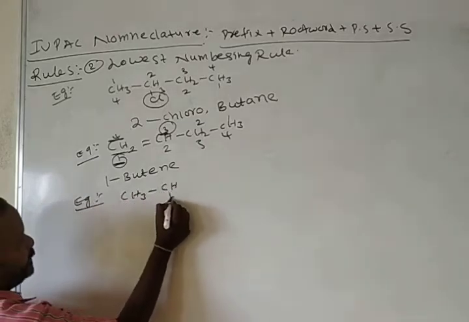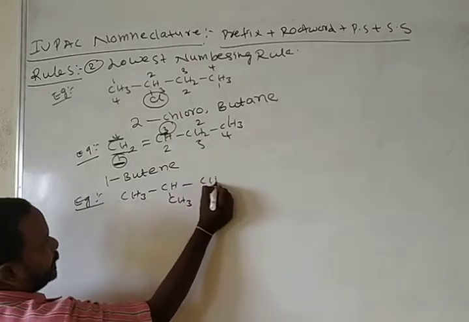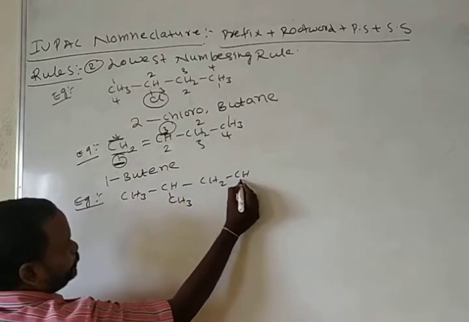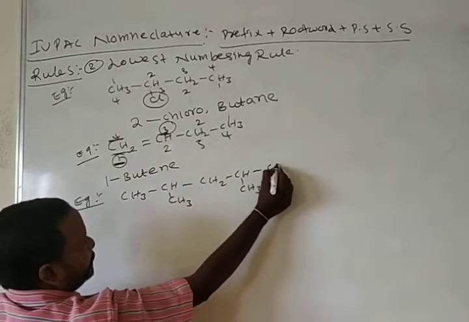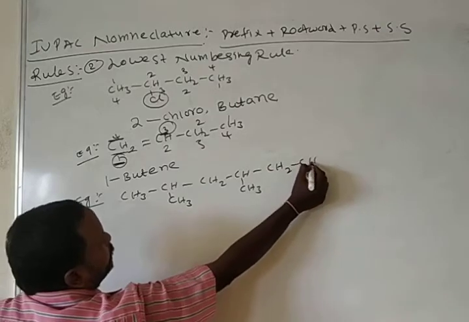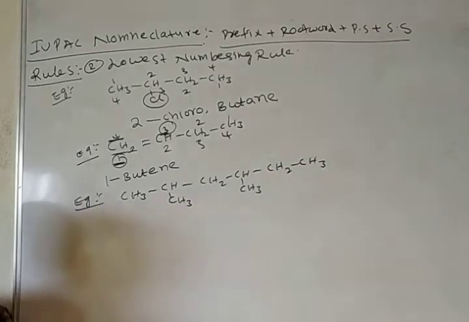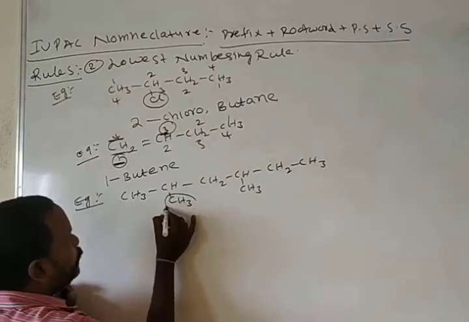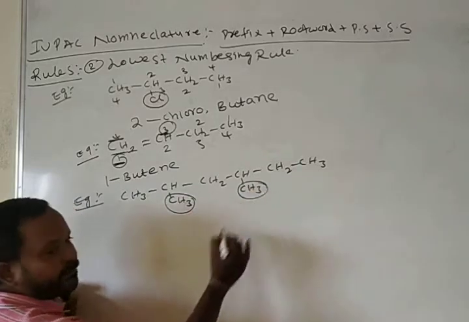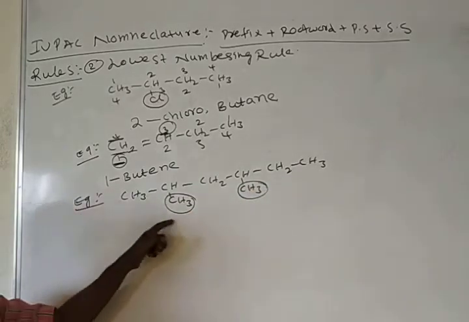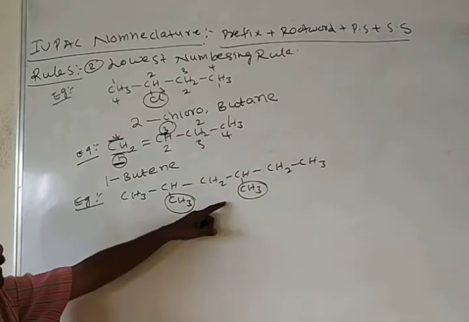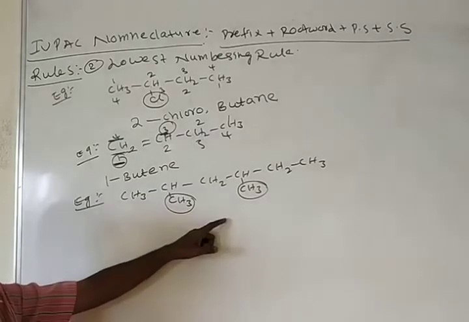Suppose for example, CH3, CH2, CH3. See here, it contains 2 methyl groups. These 2 are substituents; CH3 means methyl.